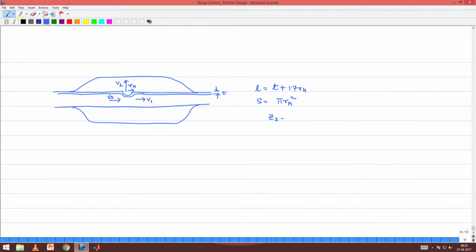So, one part of this impedance is going to be that due to this annular cavity, which should read as I omega L by S, where L accounts for the thickness as well as for the end correction. The cavity in this case is not apparent. So, we will not use that cavity portion.